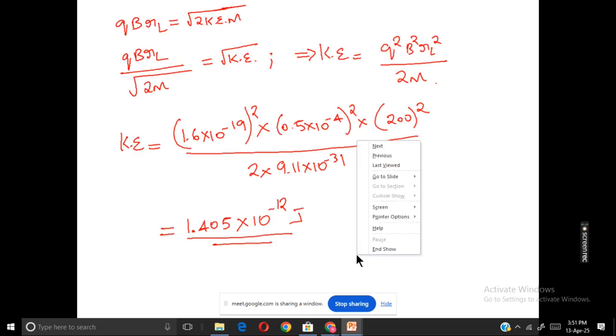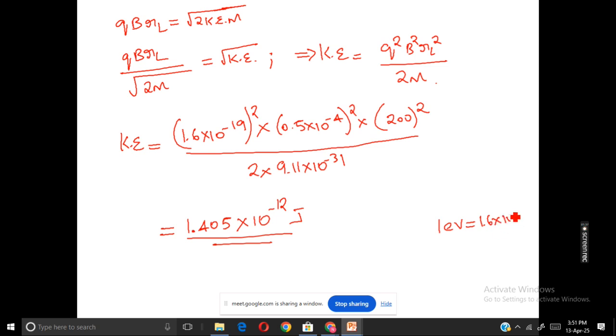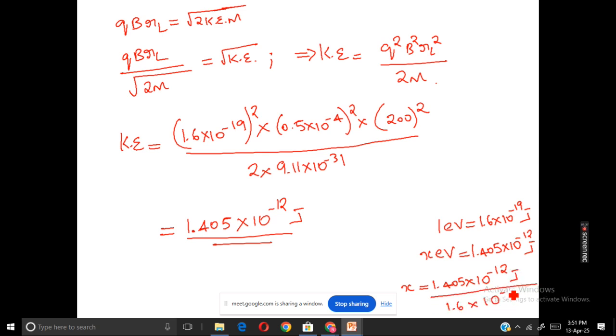If you want to convert it into electron volt, 1 electron volt is equal to 1.6 into 10 raised to minus 19 joule. So its electron volt is equal to 1.405 into 10 raised to minus 12 joule divided by 1.6 into 10 raised to minus 19.